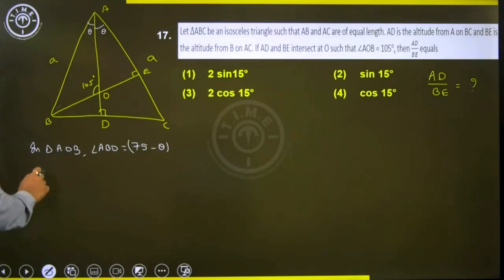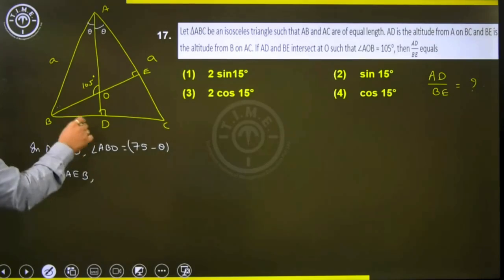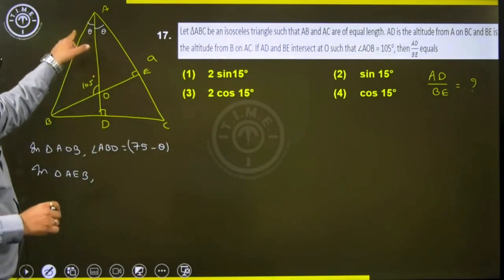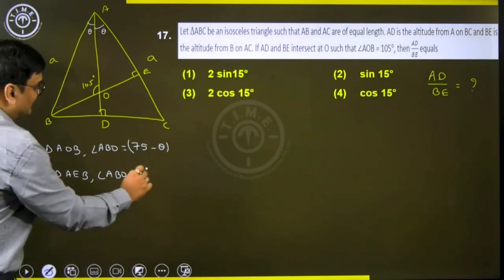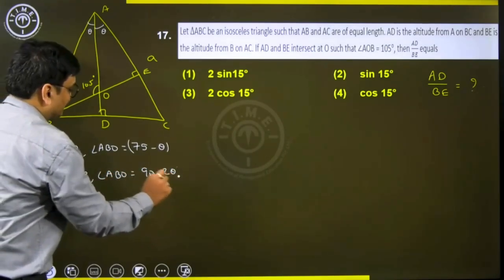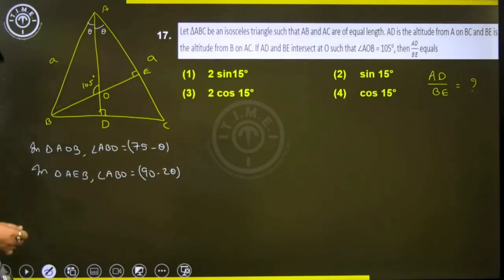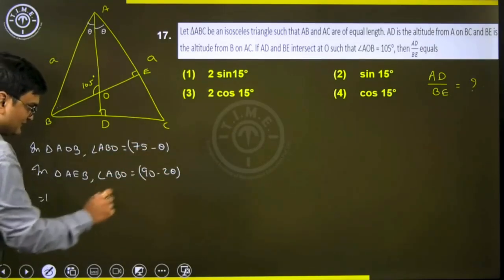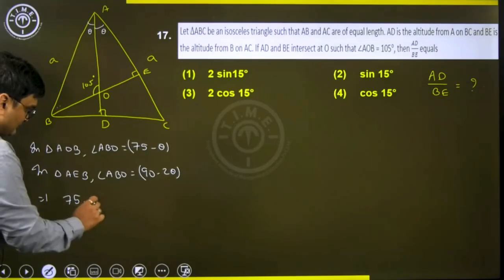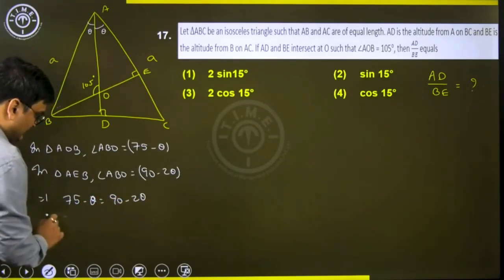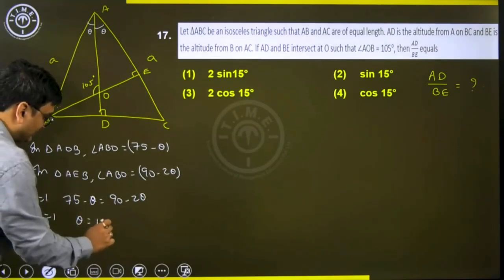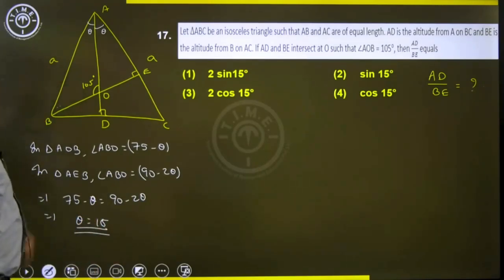Now, also in triangle AEB, AEB is 90 degree, and this is 2 theta, so angle ABO will be 90 minus 2 theta. But we are essentially talking about the same angle, so we can equate them. When you equate these two angles, you will get the value of theta as 15 degree.